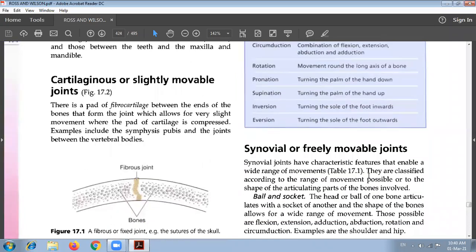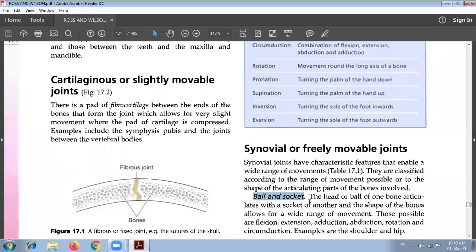So synovial joints are classified according to the different movements they allow. These synovial joints present a wide range of movements to our body, and they are again classified according to their movement. So the first synovial joint is the ball and socket joint.